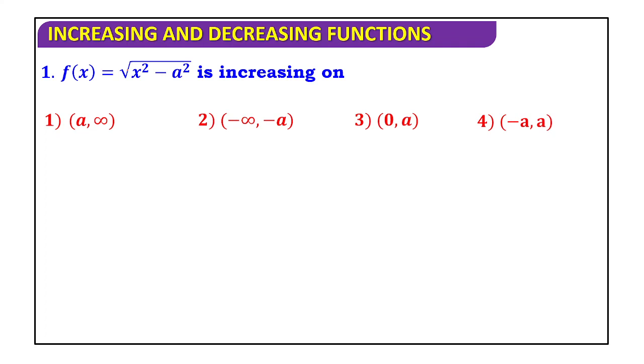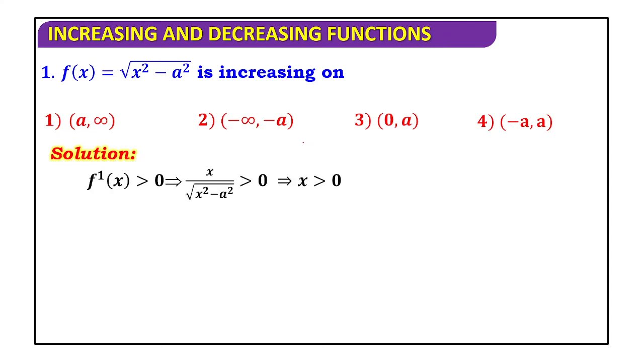Okay, so you just say this f of x equal to root of x square minus a square is increasing on. So you just differentiate. Here x will be greater than 0 for any term, but here x must be always greater than 0.